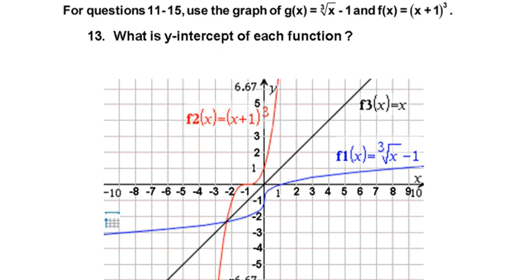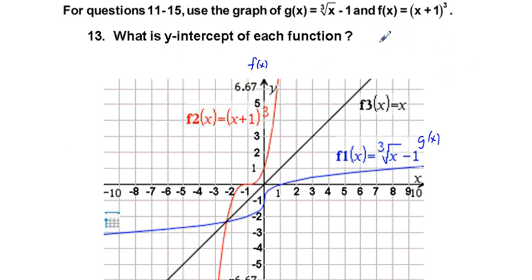Problem 13. What is the y-intercept of each function? Okay, again, this one right here, the cube root one is going to be g of x. The cubic function is going to be f of x.